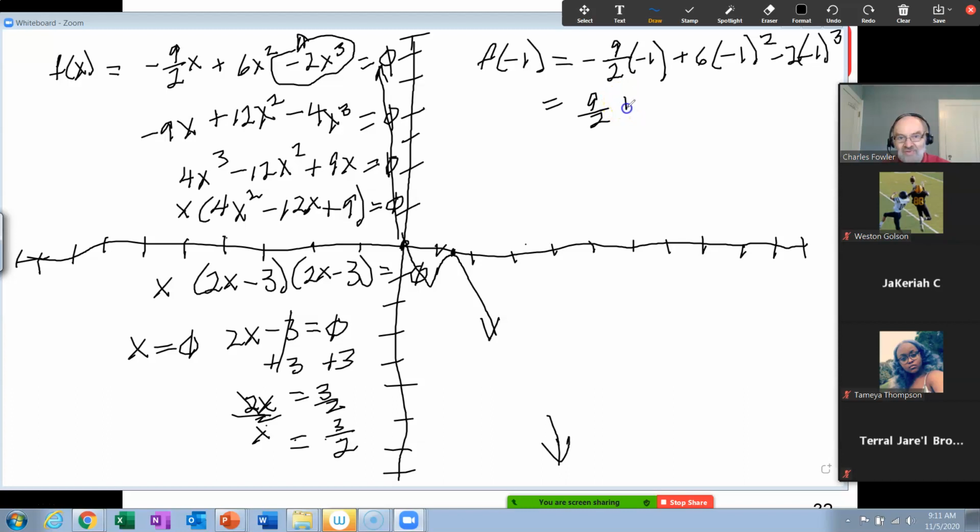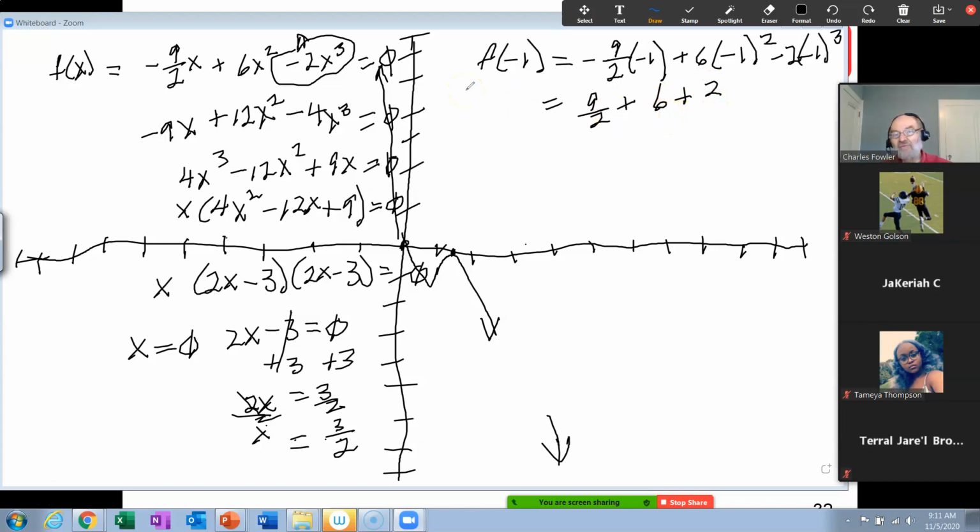Now, plus 6 times a -1 squared. Well, -1 squared is positive 1, so that's 6. And then we have a minus times a minus, because -1 cubed is -1, and minus 2 times -1 is plus 2. That's positive, okay? This is 4.5, and 6 would be 10.5, and 2 would be 12.5.